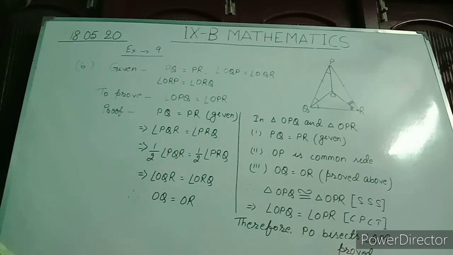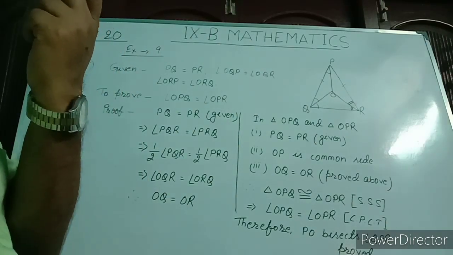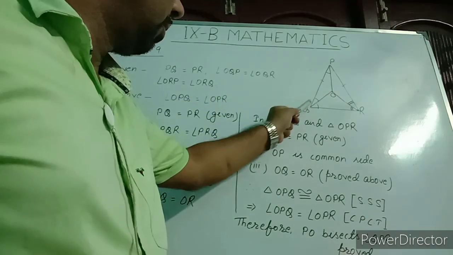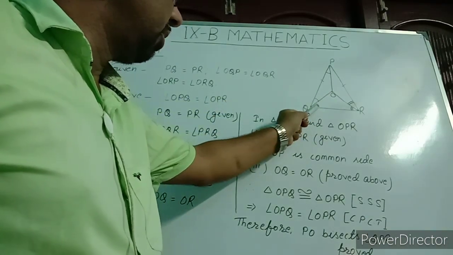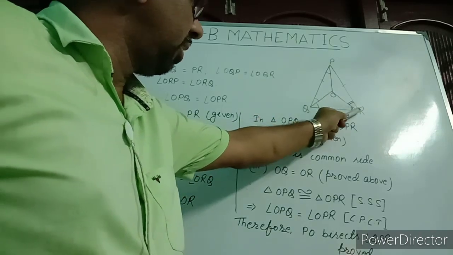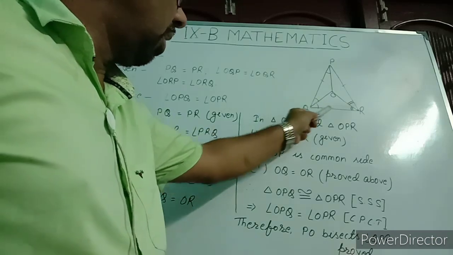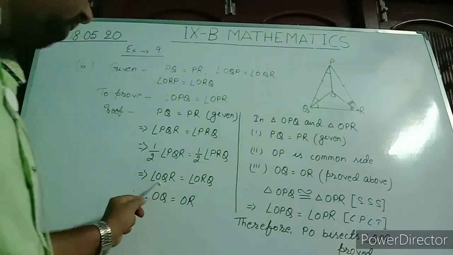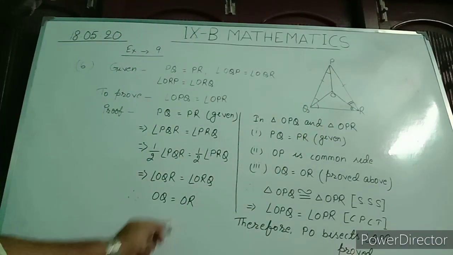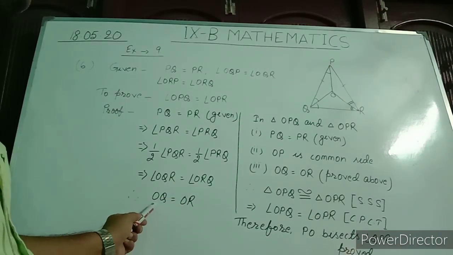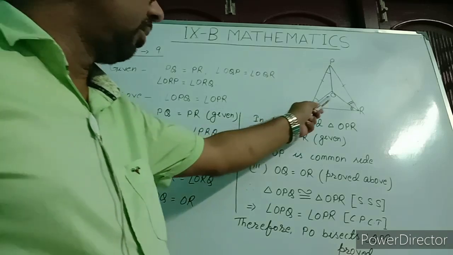Half of angle PQR will be equal to half of angle PRQ. Half of angle PQR is OQR and half of angle PRQ is ORQ. So OQR and ORQ will also be equal. OQR equals ORQ. From isosceles property we can say therefore OQ equals OR.